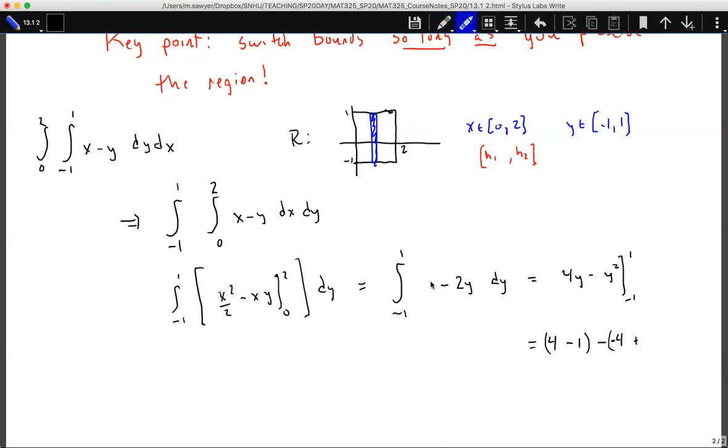So this should be a 2 minus 2y. And this should give us 2 minus 1 minus -2 minus 1, which gives us 4, as we expect.